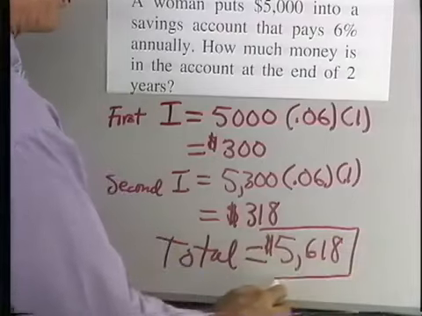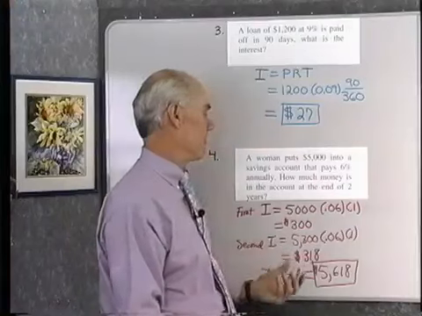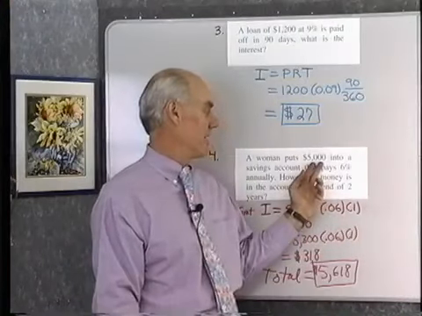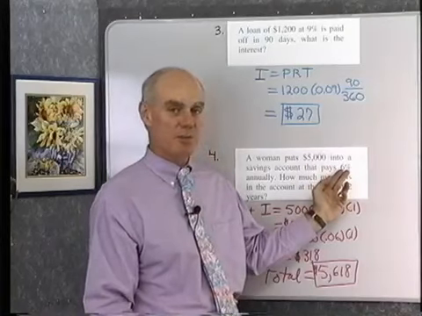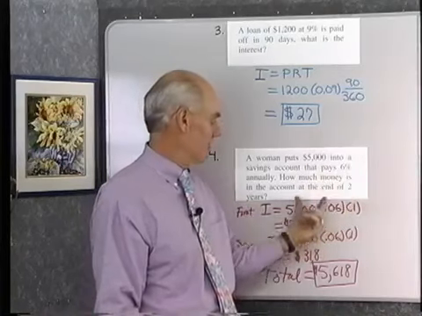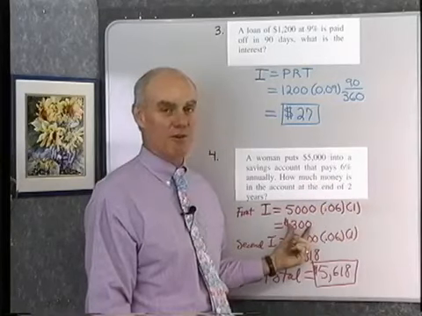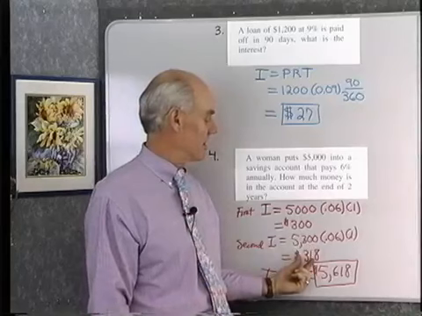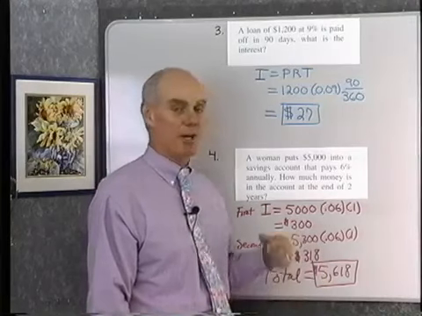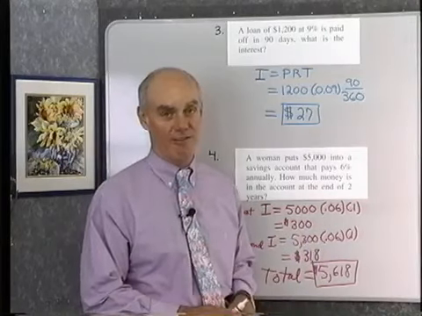That will be the amount of money that's in the account at the end of 2 years if the account has $5,000 in it to begin with and earns 6% simple interest annually. So first I calculate the interest at the end of the first year, add that on to the principal, calculate the interest at the end of the second year, add that on. That's my total amount in the account at the end of 2 years.